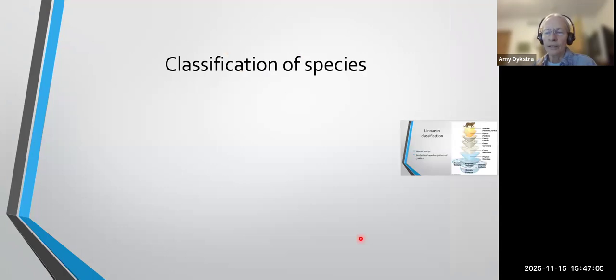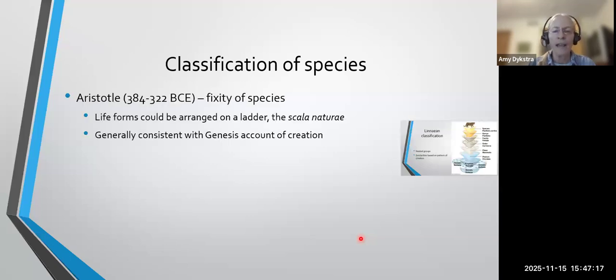So I'm going to back up a little bit in time and talk about the classification of species. This is another big topic that was being discussed at the time that Darwin was alive. This goes all the way back to Aristotle, before the time of Christ, who came up with the idea of the scala naturae. Aristotle held to the fixity of species.